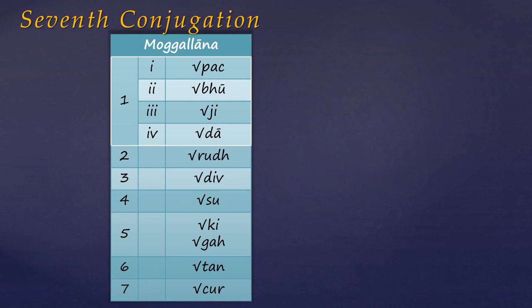Now if you remember back to lesson 1, we looked at the first verb class, and in lesson 3, Warder details the 7th class.